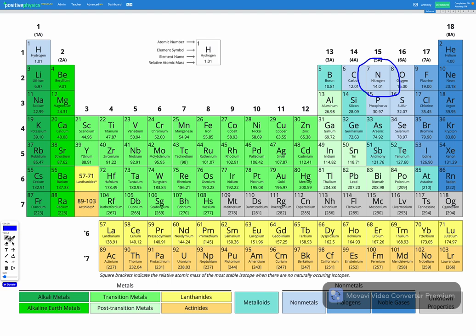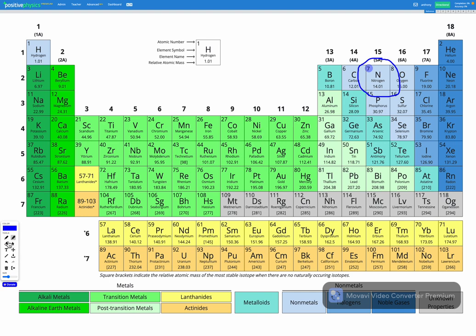So there are 2 ways we can figure out the valence electrons. One way is just to count the total number of electrons. So we can see that our atomic number for nitrogen is 7. That means it has 7 protons. And since we're talking about a neutral atom, we know it's going to have 7 electrons as well to balance out those protons.